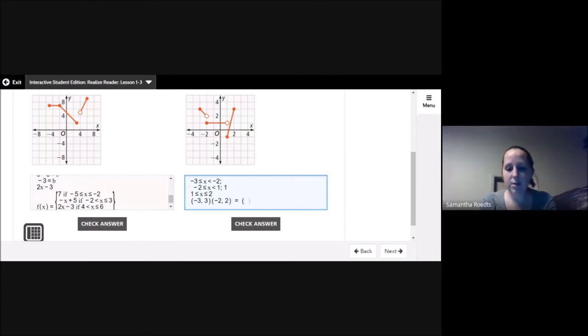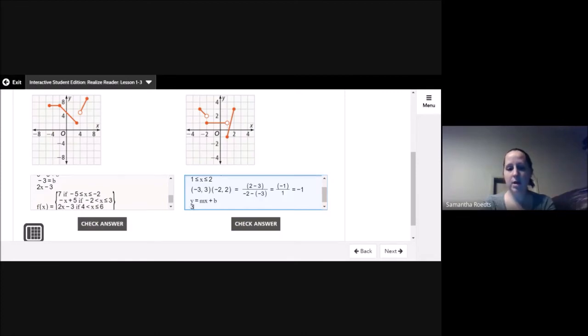That becomes 2 minus 3 over -2 minus -3, which equals -1 over -2 plus 3, which is 1. So my slope is -1. So I have y equals mx plus b.